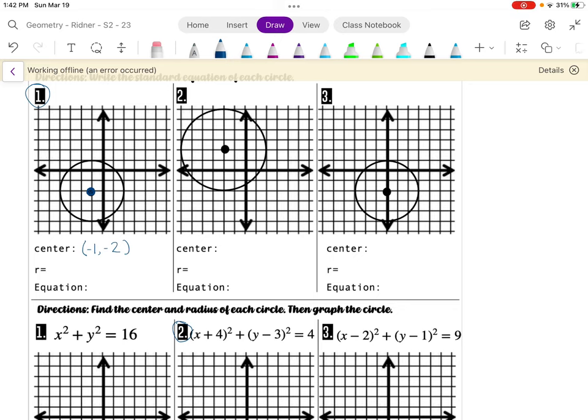My radius, I'm counting jumps. 1, 2, 3. So for my equation, it would just be x, remember it's opposite, plus 1 squared plus y plus 2 squared equals r squared. So remember, r squared here would be 9. So it equals 9.